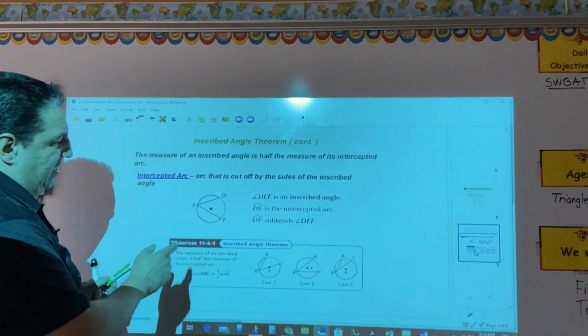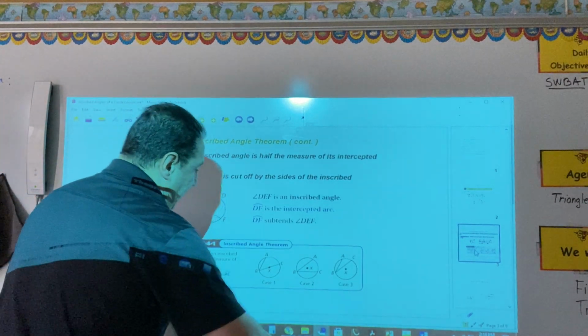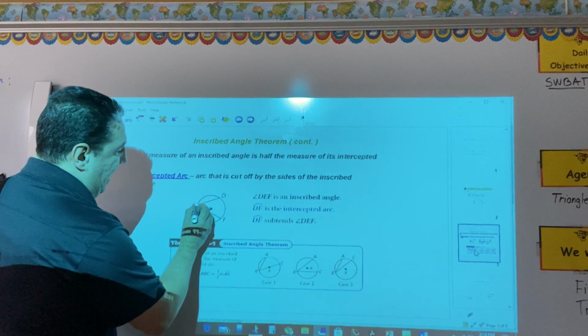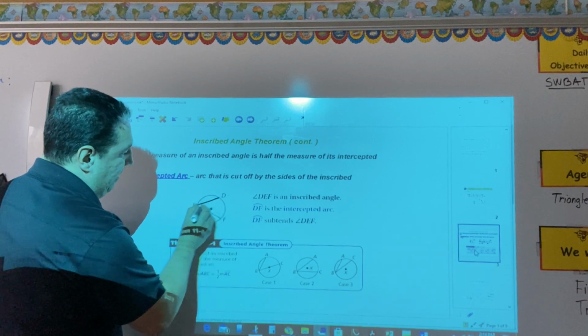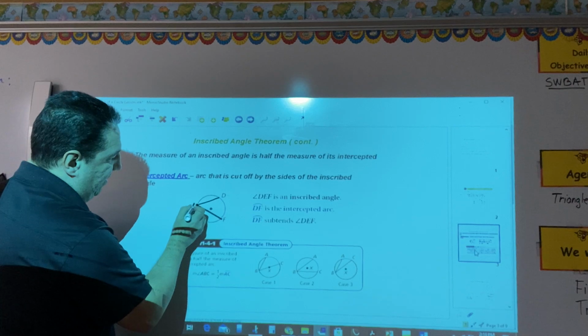For example, in this picture, these are the sides of the inscribed angle, and this is its vertex.